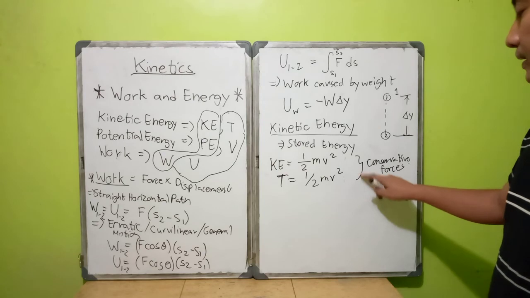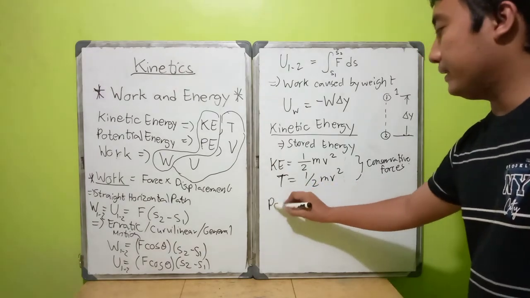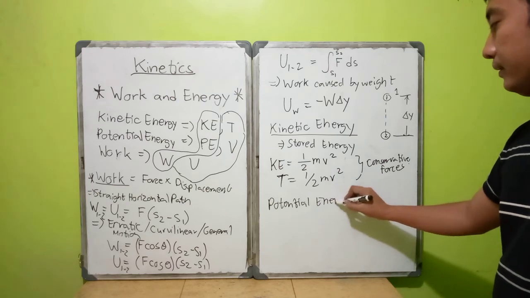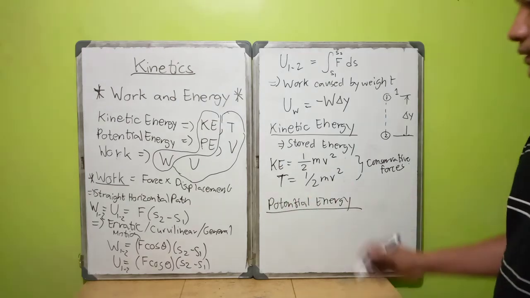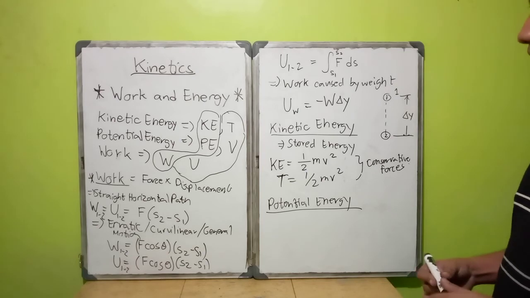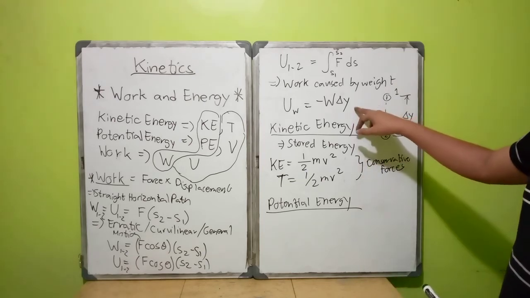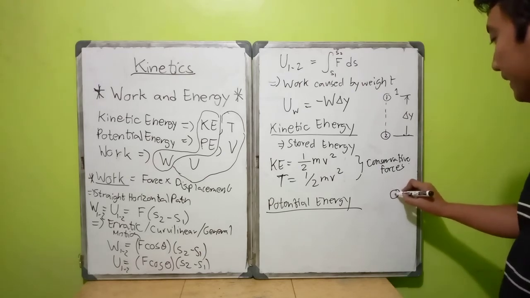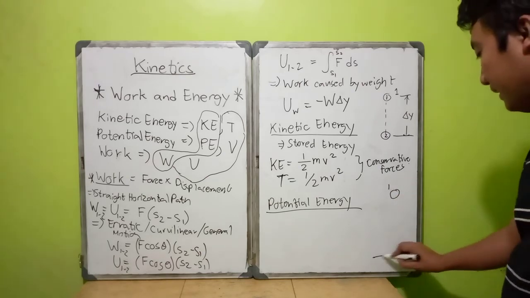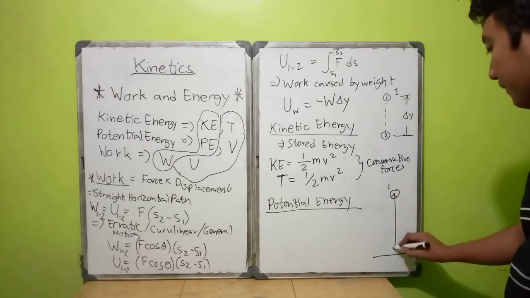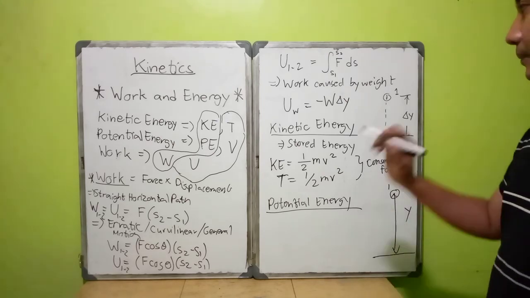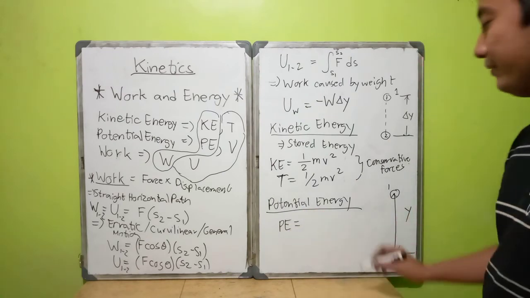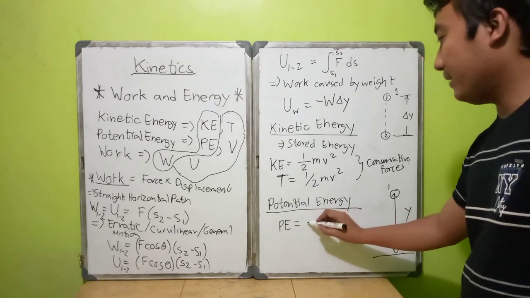And then we have potential energy. When we say potential energy, if you have an original position at 1, and it is elevated from the ground at y, your potential energy PE is equivalent to the weight.